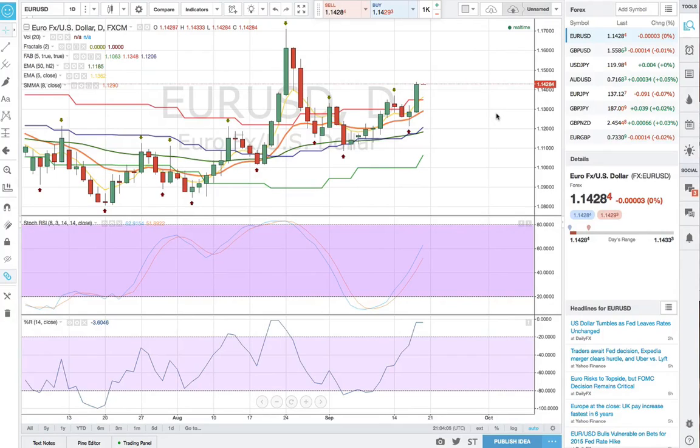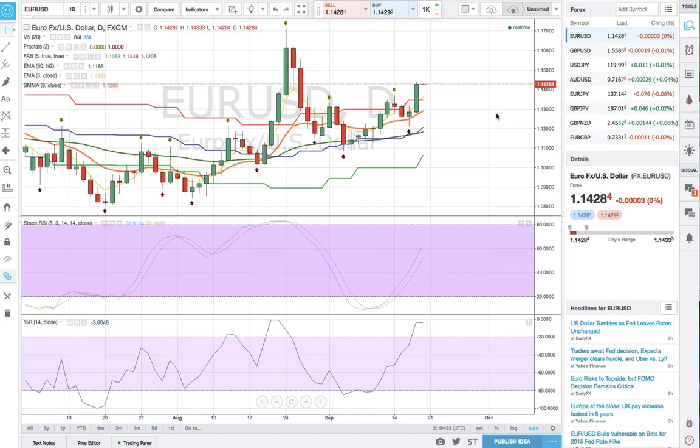Wanted to give you a little analysis on the Euro-US dollar today. The US dollar, of course, has lost some strength against other major currencies because the Fed has decided to leave the rates unchanged again. Obviously, the global economy has taken a downturn because of the issue going on in China right now and their stock market having taken about a 40% hit over the last couple of weeks.